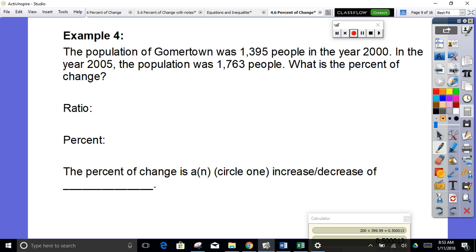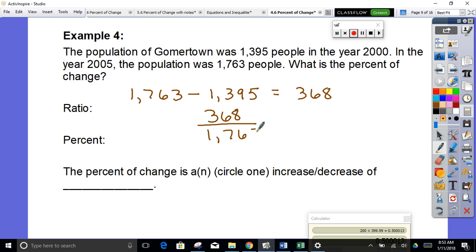Okay, example 4. Ailey, tell me what you did to solve this one. First, I subtracted 1,763 by 1,395, and I got 368. And then I put 368 over 1,763, and I got 20.9%.